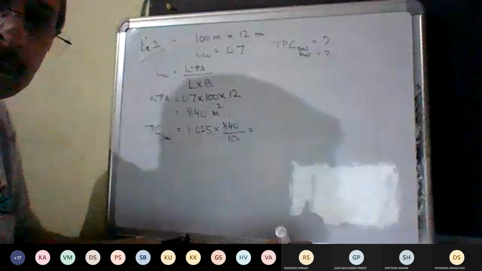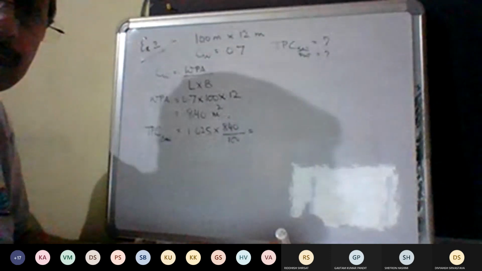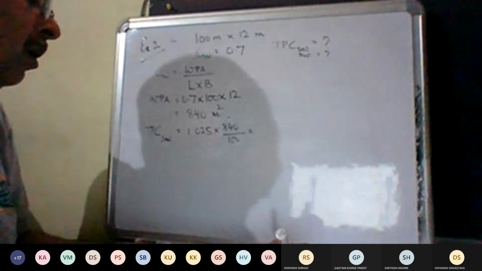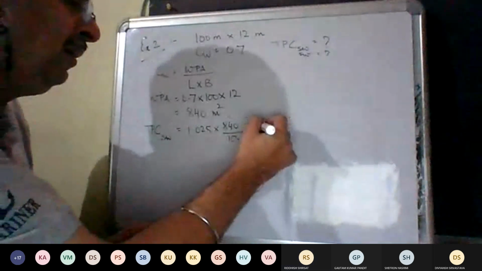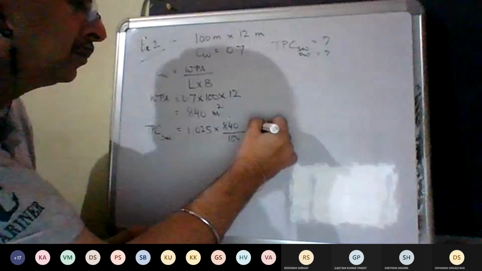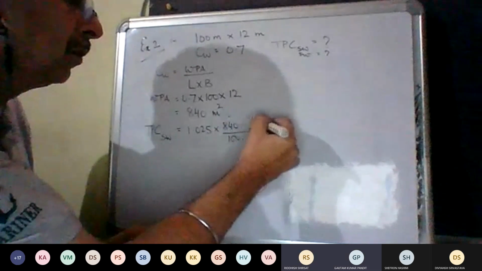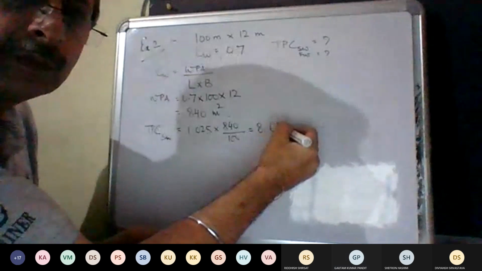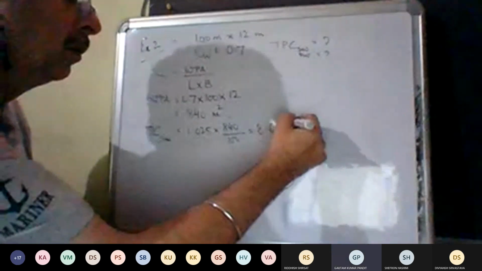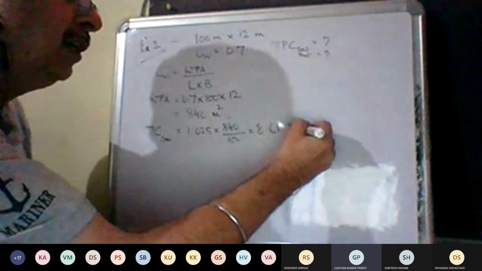How much is this? 8.61 tons per centimeter.